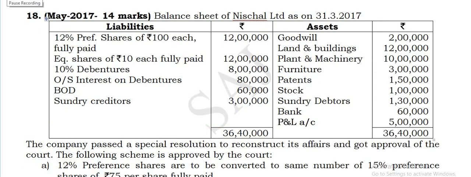So even the 18th question will be your homework problem. Again, preference shares are there, 100 rupees each, but equity shares 10 rupees each paid up. 10% debentures are there. Outstanding interest on debentures, so debentures might be cancelled here.